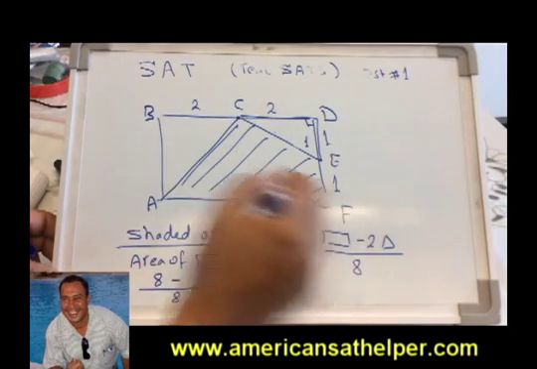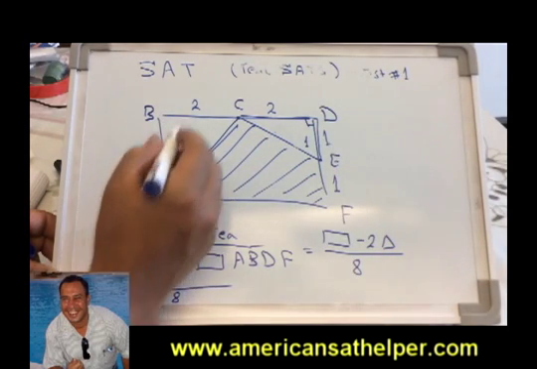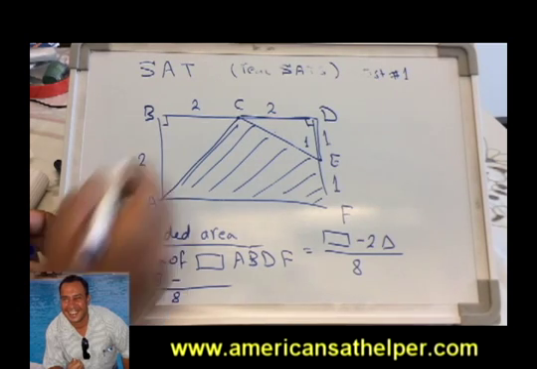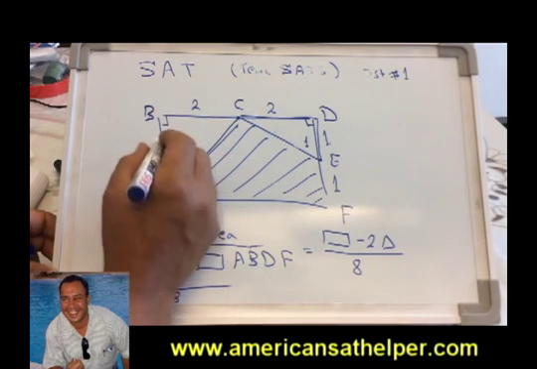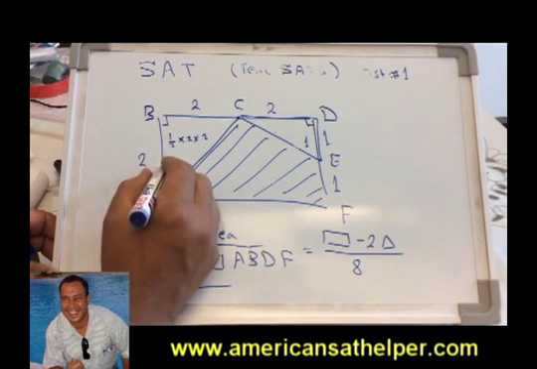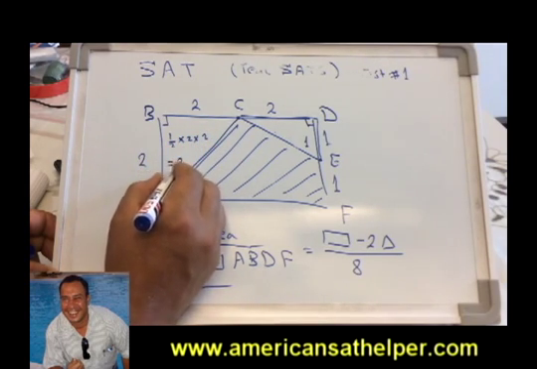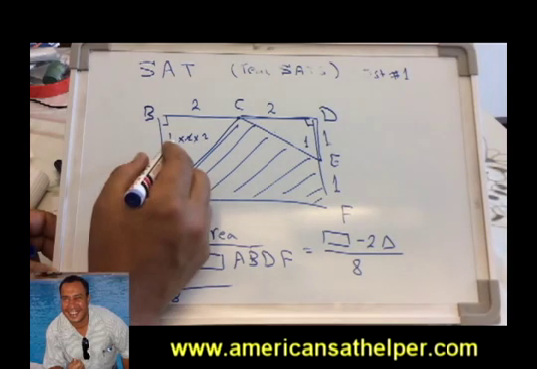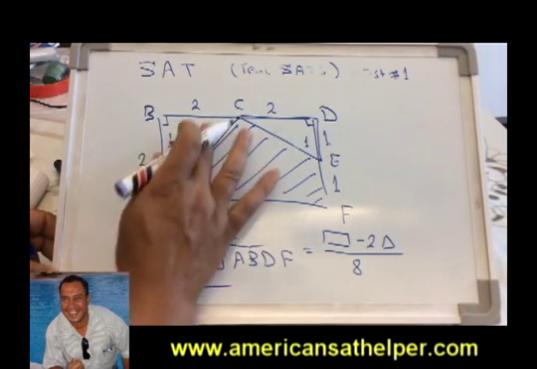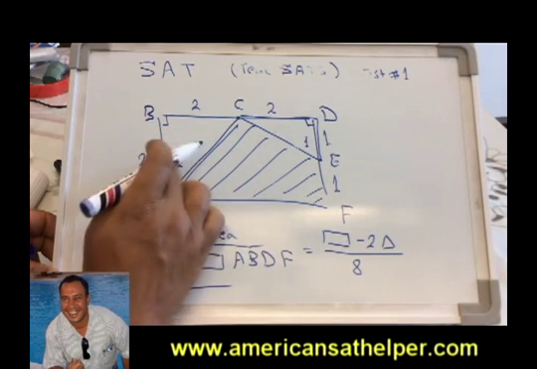The other is also a right triangle, its area is half the product of legs, half multiplied by 2 multiplied by 2, which equals 2, because half of 2 is 1, multiplied by 2 you get 2. So this area is 2.